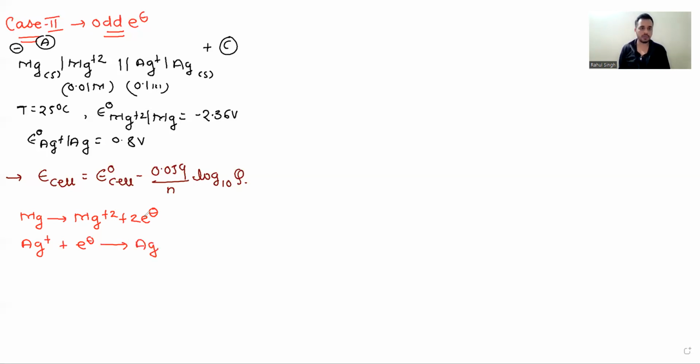Now as we have an odd electron here, we have to multiply this term by 2. If we multiply it by 2, then only can we equalize the electrons. So this will become 2 Ag plus plus 2 electrons giving 2 Ag.